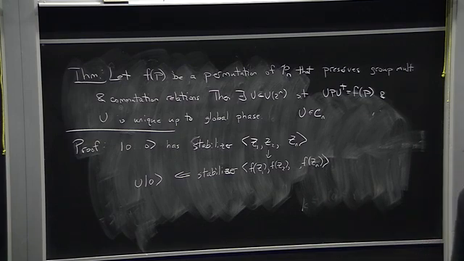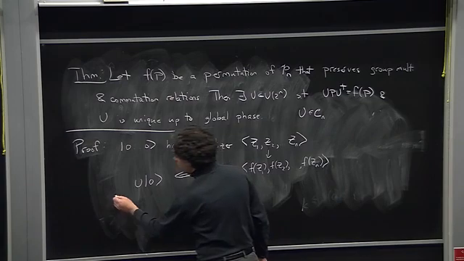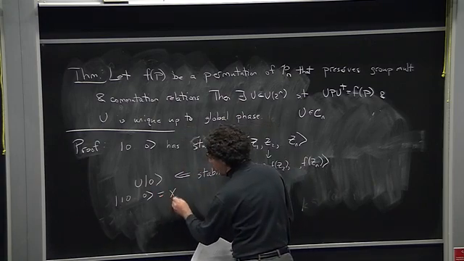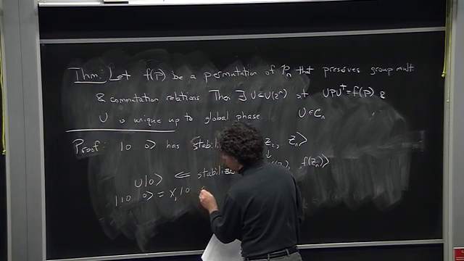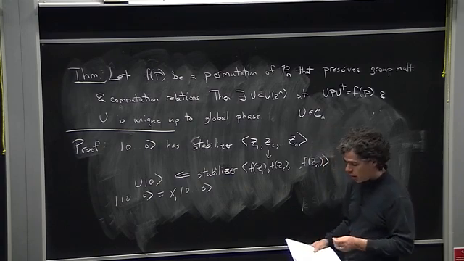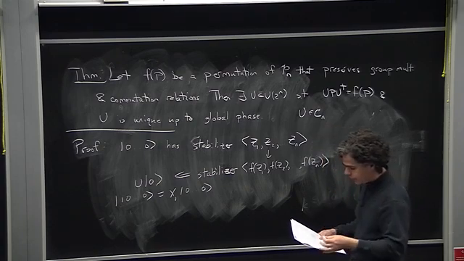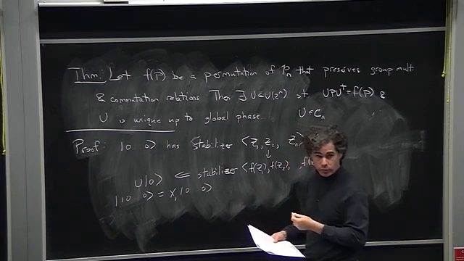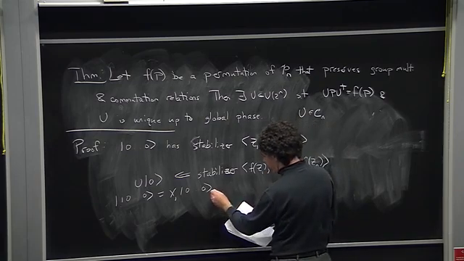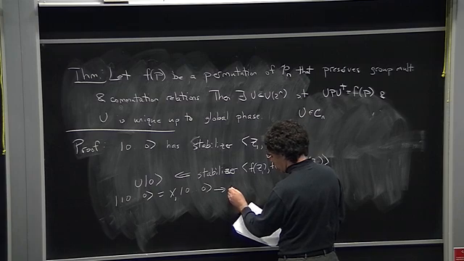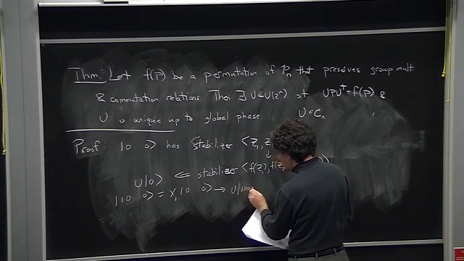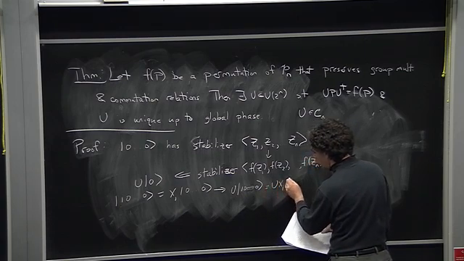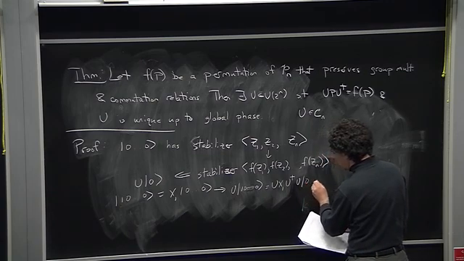Okay, great. So that's one state. Now let's look at some other basis states. What about the state 1 and then all zeros? Well, this is equal to X on the first qubit applied to the all zeros state. So what's this going to get mapped to under U? We want it to be U times the all zeros state, which is U X1 U dagger U times the all zeros state, right?